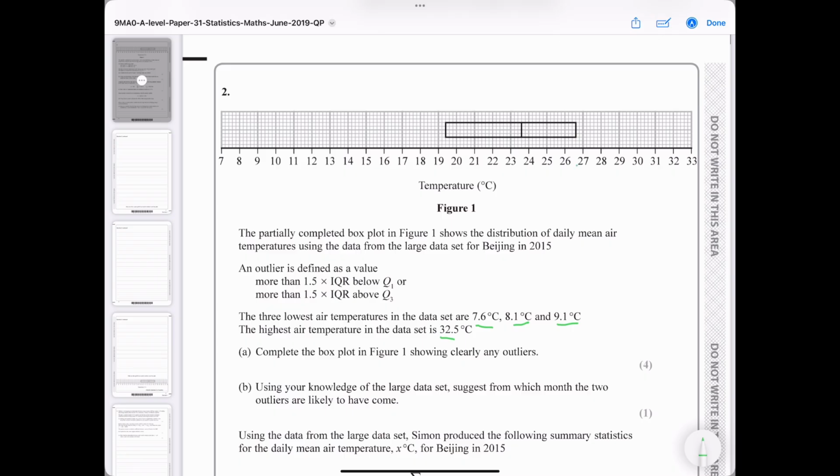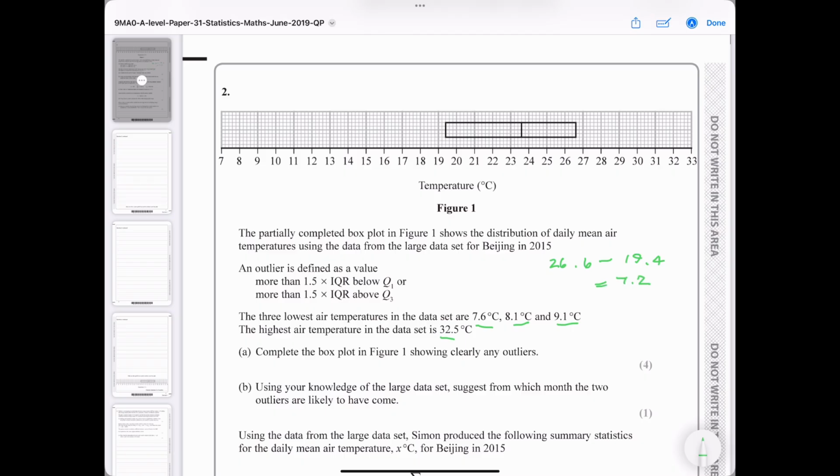So this is 26. Let's find the interquartile range first. 26.6 minus, that looks like 19.4. That equals 7.2.